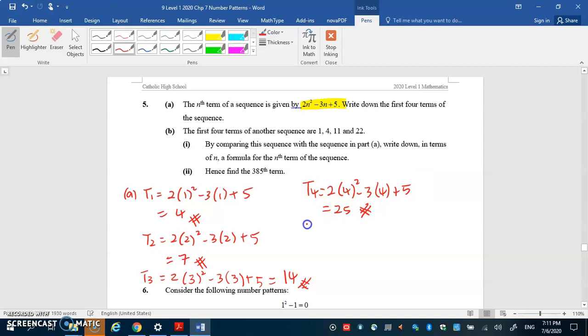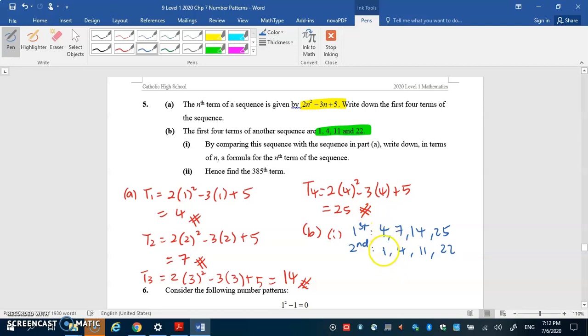For part B, they say another 4 terms of another sequence are 1, 4, 11, 22. Compare this sequence with the initial one. The first one was 4, 7, 14, 25. But the second one is 1, 4, 11, 22. So for every term in the second sequence, it's just the term in the first sequence minus 3.